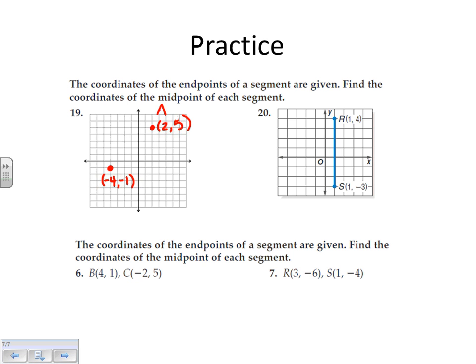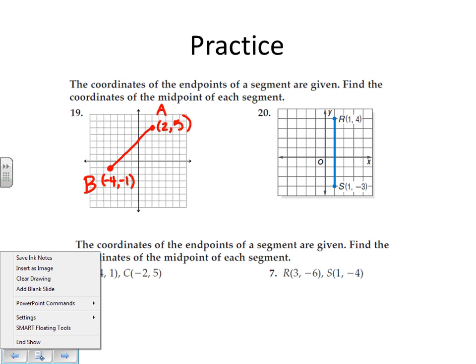Okay, let's call this one A and this one B. So (-4, -1) and (2, 5) for A and B. 20 has another graph there, and the coordinates of the endpoints of these two are given. Good luck, and we'll go over them as soon as we see each other next.